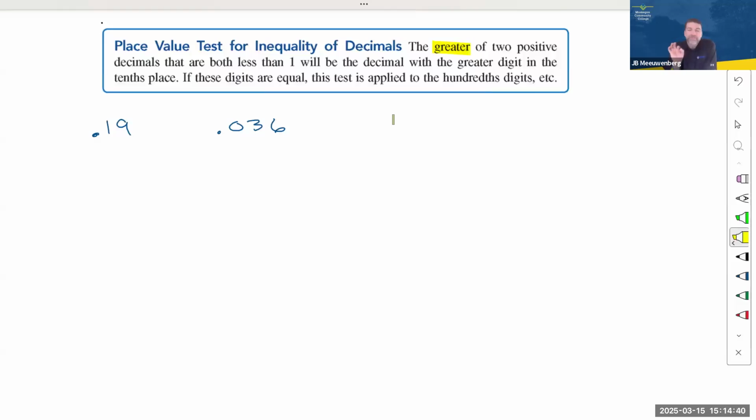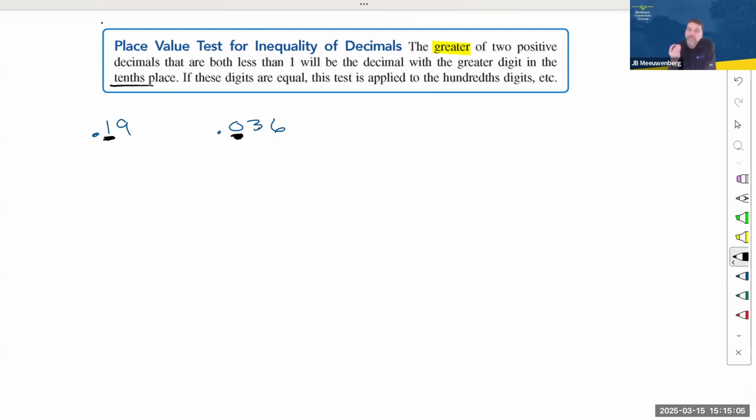Okay, so again, we're only focusing on decimals that are less than 1. So there's no leading whole number out front. So the greater one will be the greater digit in the tenths place. So if we just examine the tenths place here and here, that's all you need to do to compare these.